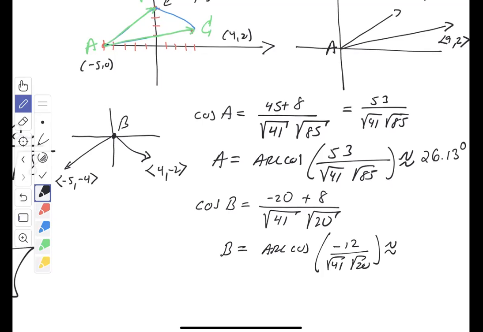But I'll type it in, arc cosine, -12, divided by the square root of 41, square root of 20. Let's see if I typed it in. Oh, I see a problem already. And it's really hard for me to read the calculator right now. All right, so I get a number. And the number I'm getting here is 114.78.